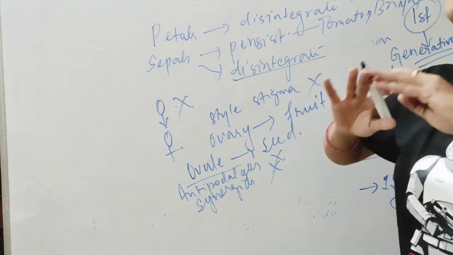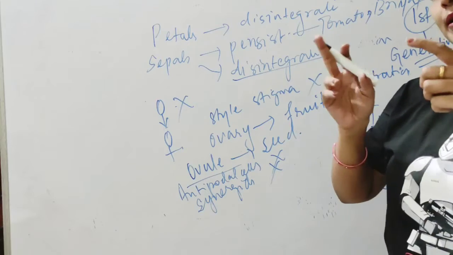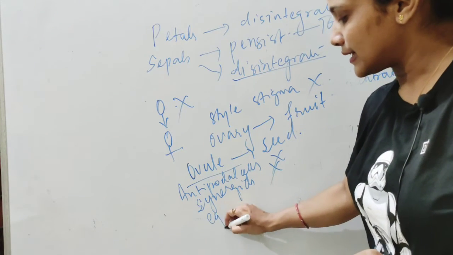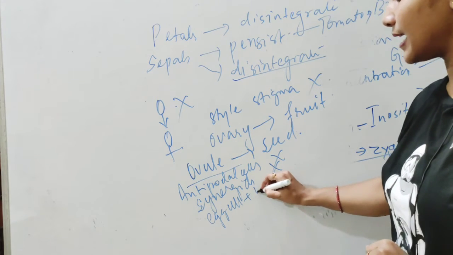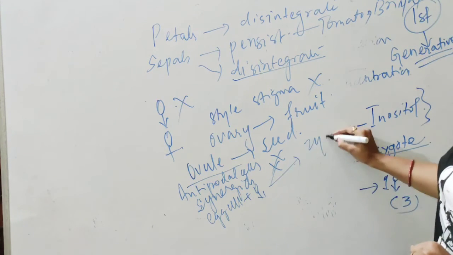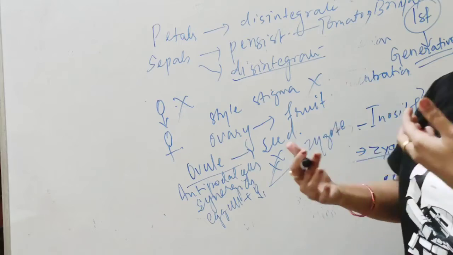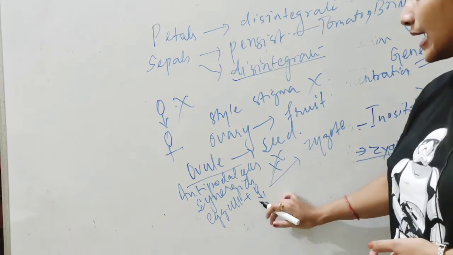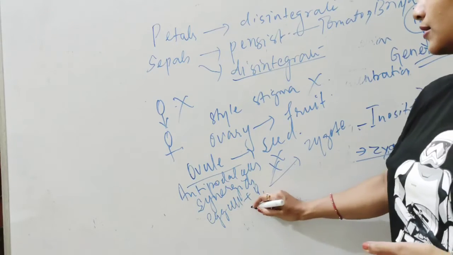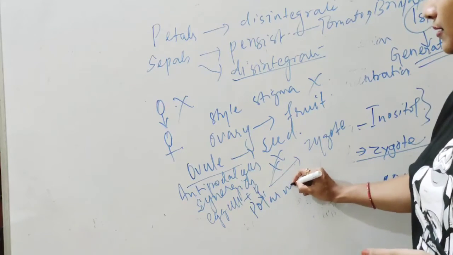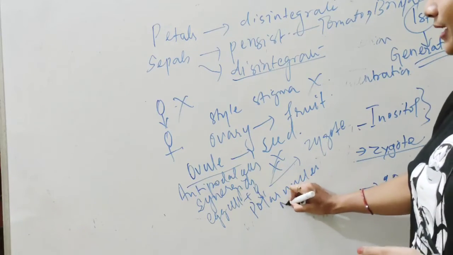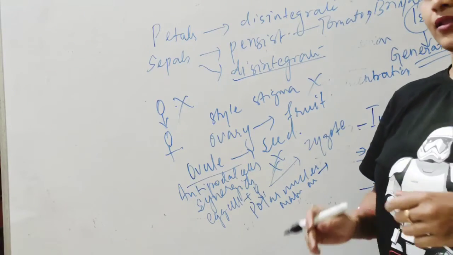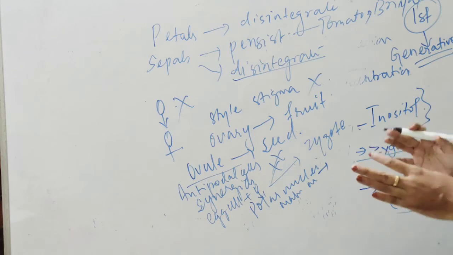Okay, it might be at a time both are disintegrated, or maybe one by one. Now talking about the egg cell with the male gamete, it gave you the zygote, which will ultimately, when it receives all the favorable conditions, grow into an embryo, and the rest, that is the polar nuclei and the male nucleus, they form the endosperm.